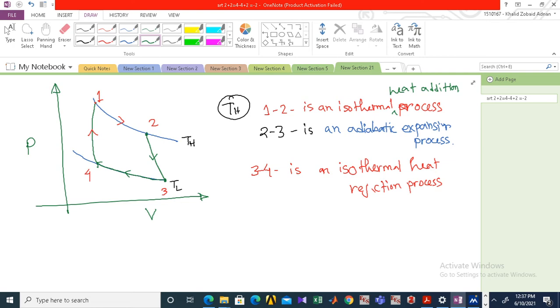So that's how the cycle is going to operate. Okay, finally the process 4 to 1 is adiabatic compression.